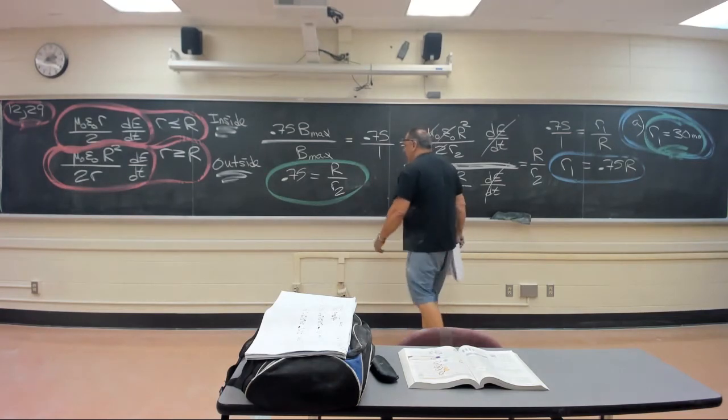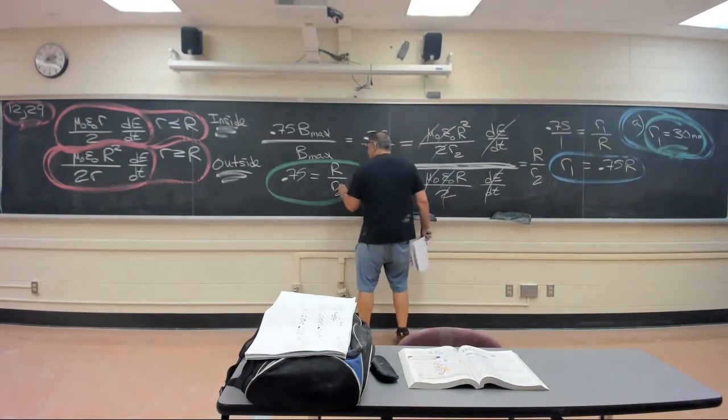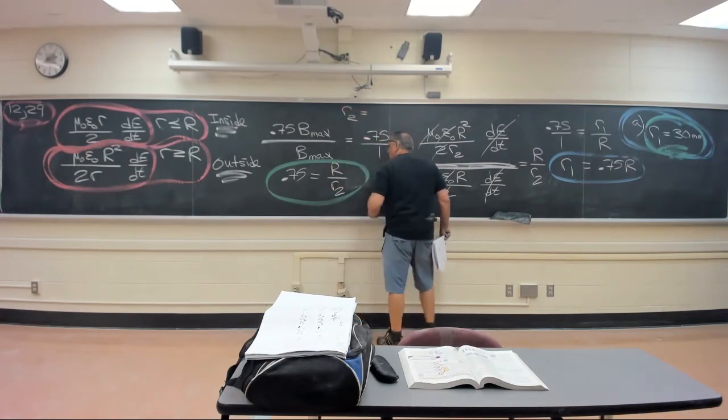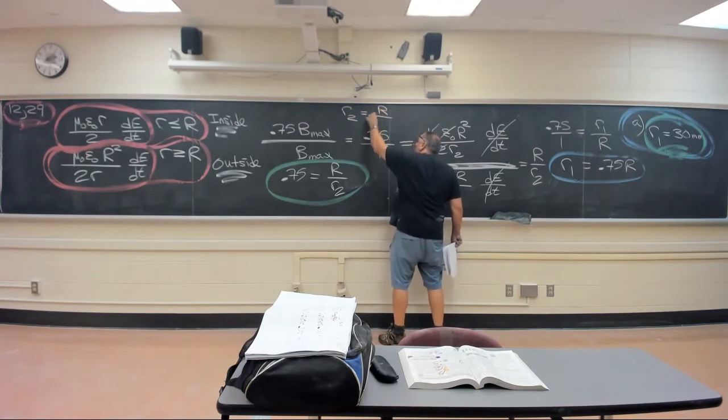Well, I'll tell you what. Let's multiply by R sub 2 on each side and divide by 0.75. And R sub 2 equals big R divided by 0.75.